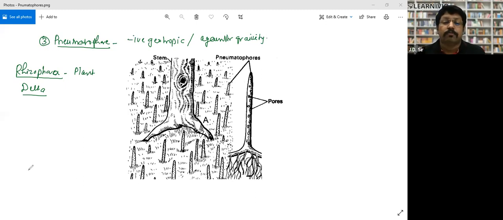But these are the roots which grow against gravity. Actually, they come out of the earth to breathe. They have small pore-like structures, and with the help of these pores they take in air. So these are breathing roots. And the name of these pores is nematophores.